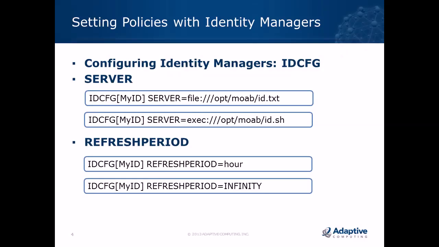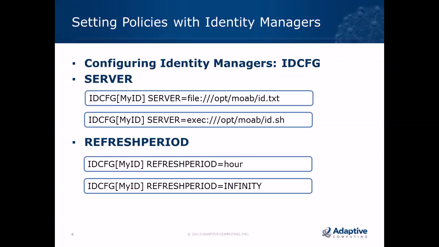So configuring an identity manager is pretty simple. It goes inside the Moab configuration file. And at that point, there's really one of two options. It's going to be a file or flat text that Moab is just going to read, or it can be an executable that executes something on the system that pulls in information. At that point, you set the refresh period.